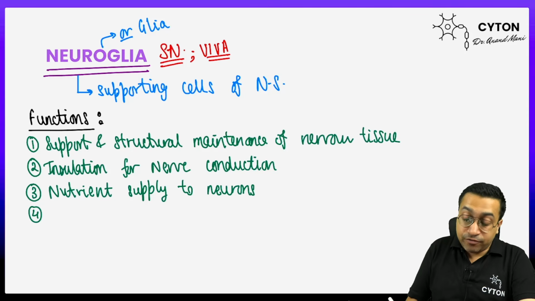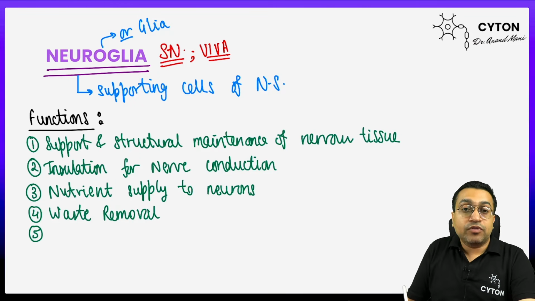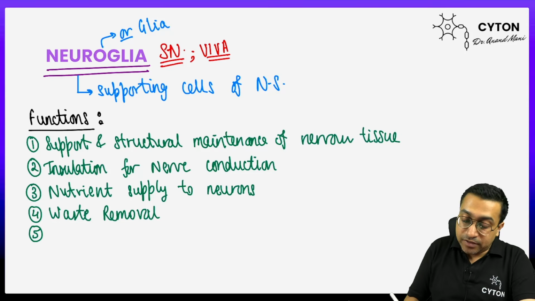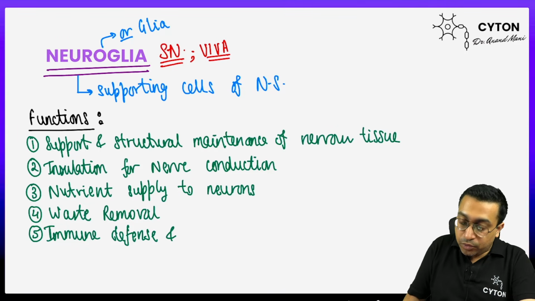Number 4, we have waste removal. Number 5, we have immune defense and phagocytosis. Immune defense and phagocytosis.